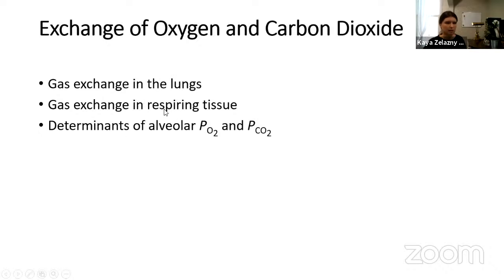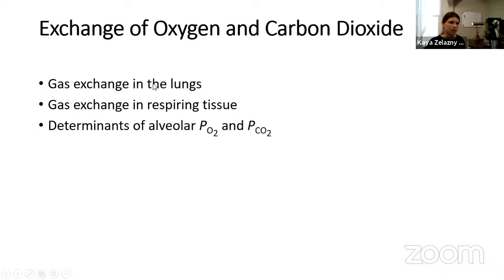And we're going to look at that a little more specifically, put some numbers on that now. Okay. And so we also kind of want to look at the determinants of the alveolar partial pressure of oxygen and the alveolar partial pressure of carbon dioxide, which is going to have to do with these two things, right?